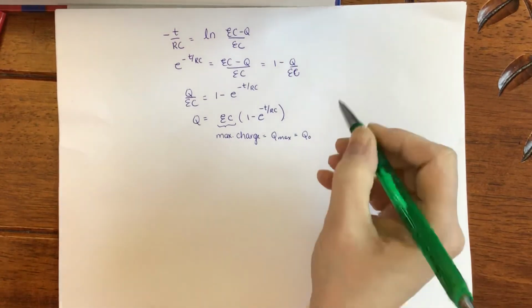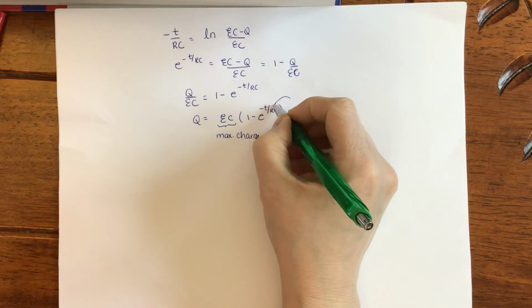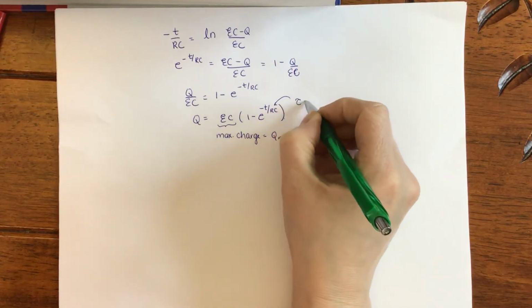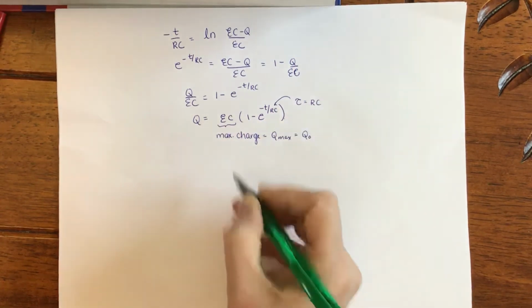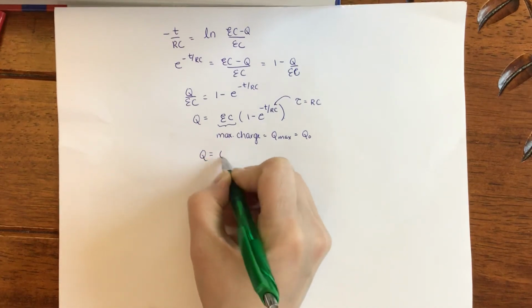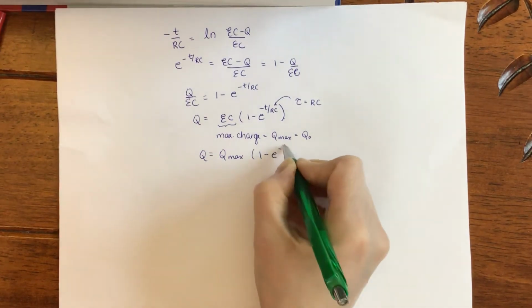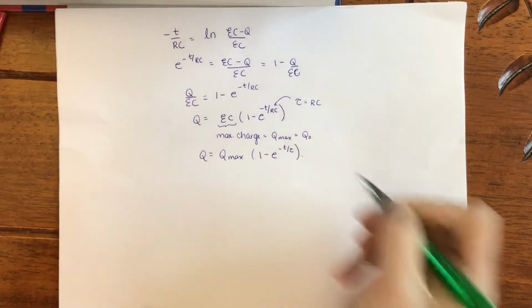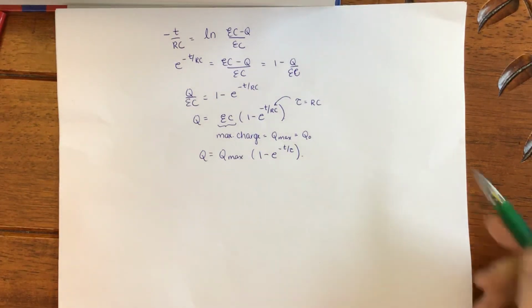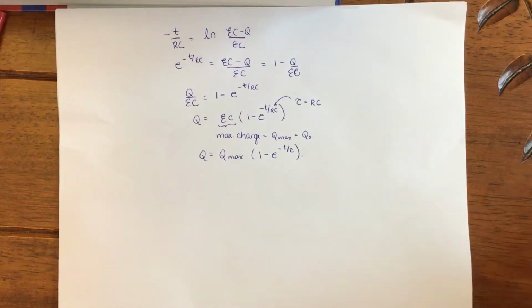It doesn't really matter what you call it. And also in this part, R times C, that's what we've defined as tau, our time constant. So then Q equals the maximum charge times 1 minus e to the minus t over tau. And there's the expression we were asked to show. We'll go on and use this expression in the next parts of this problem.